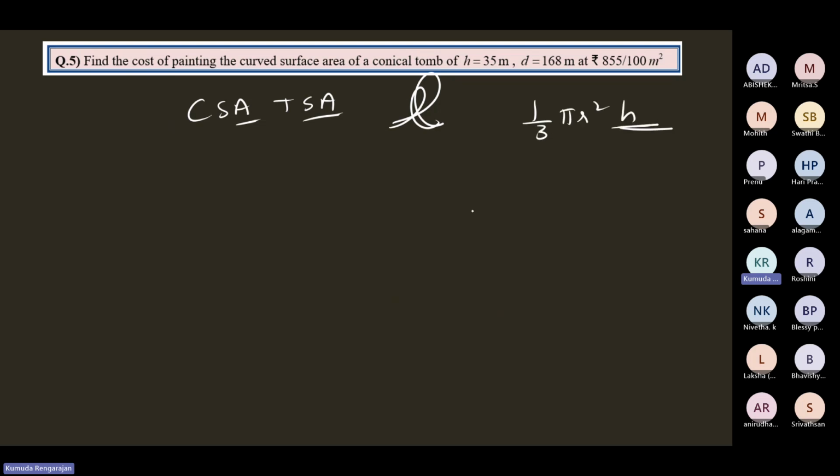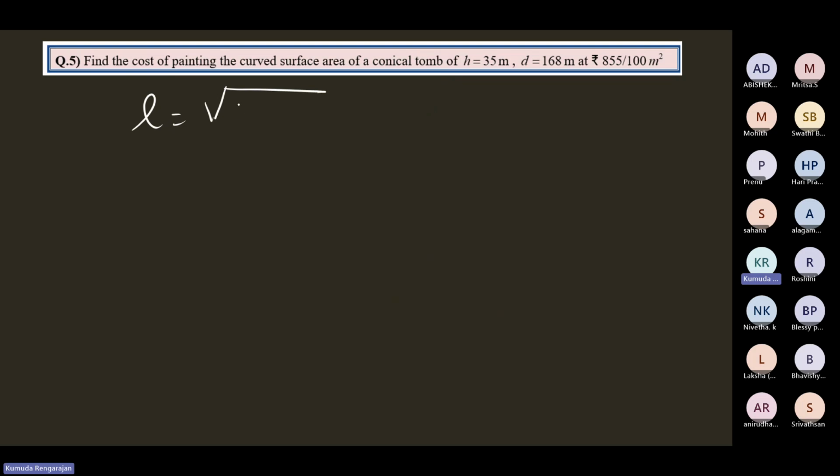You need perpendicular height. So first step is to find the slant height using the relation root of h square plus r square. After finding L, find pi RL, the curved surface area. That answer will be in meter square, because height is in meter, radius is also in meter.